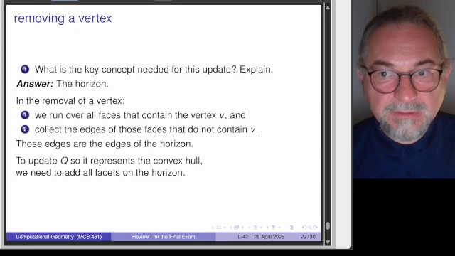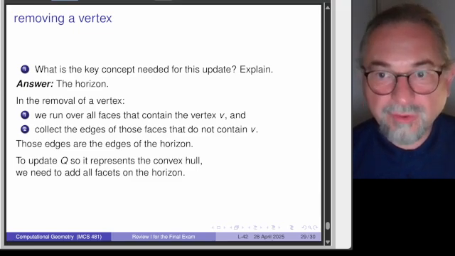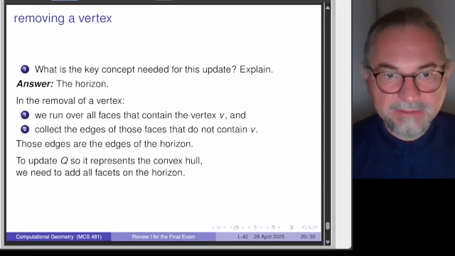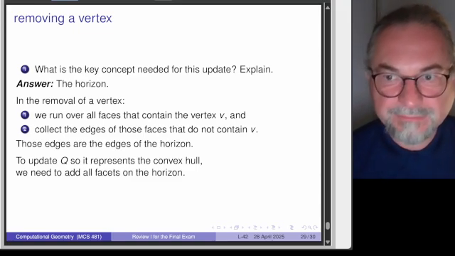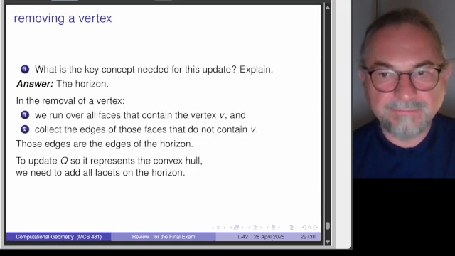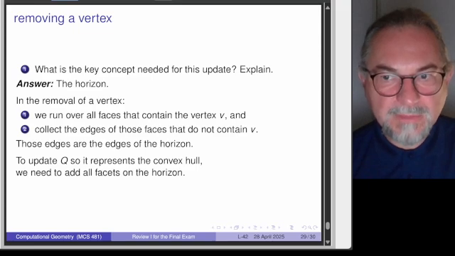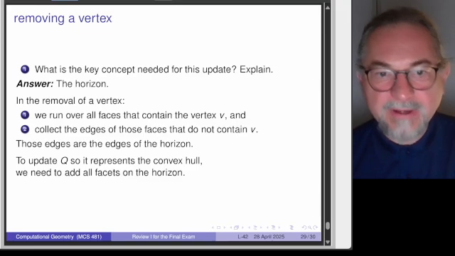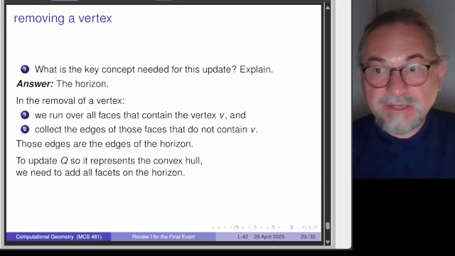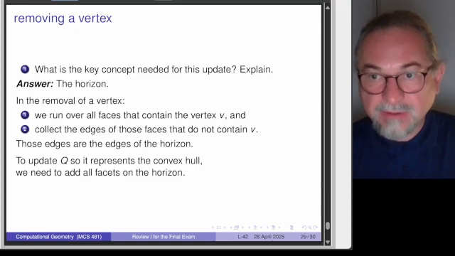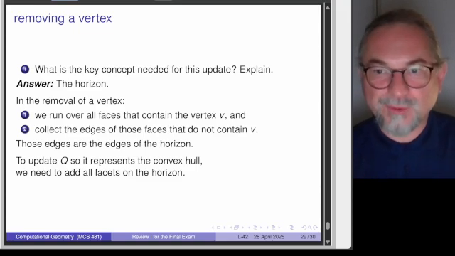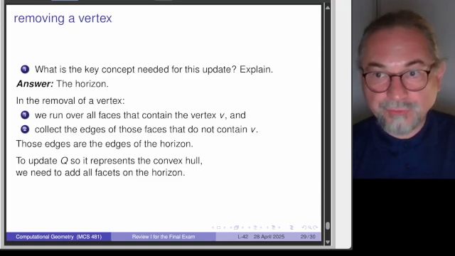So the key answer was the horizon, and in defining that horizon, you see that the edges come very naturally. In defining the facets on the horizon, again, you may assume that these facets will be triangles for simplicity. We just pick random points. Then you have adjacent edges on the horizon that you connect with a new edge.